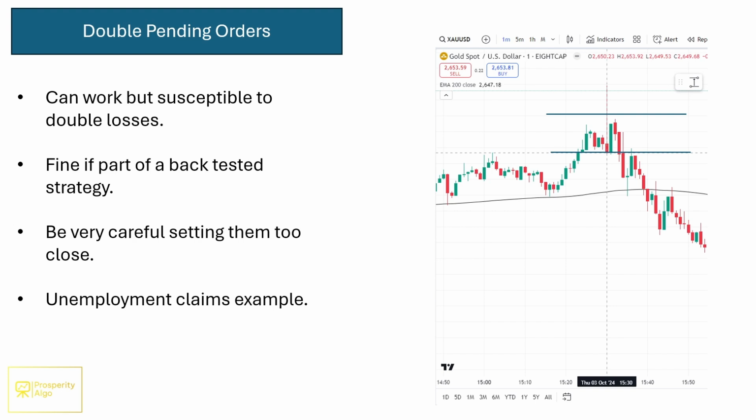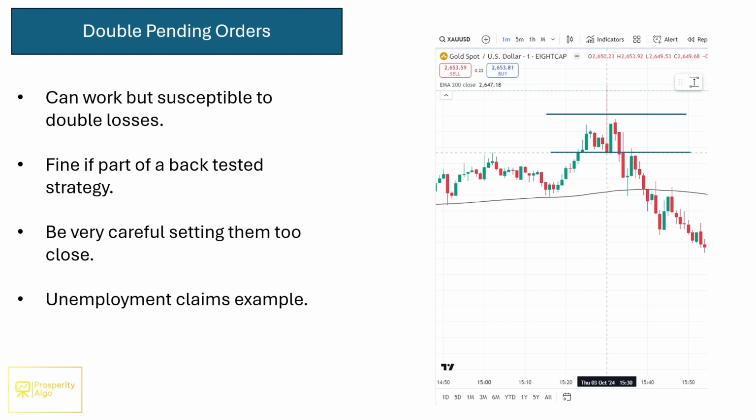Generally speaking, how we like to trade it is if it's part of an existing strategy, for instance, our time bomb, which would place a collar of buy and sell stop orders around the pre-market range, and it just so happens to occur during a news event, great. It's part of the strategy, it's been back tested, and in our back test we did not filter out news, therefore we can run it.